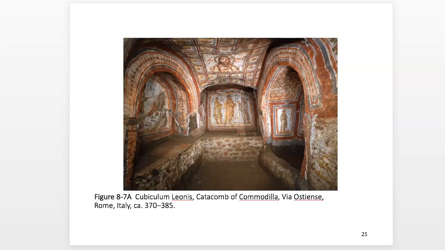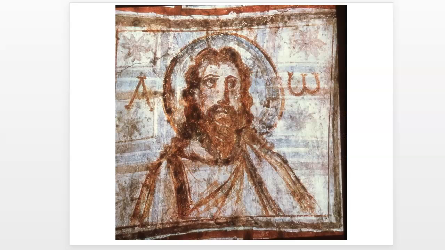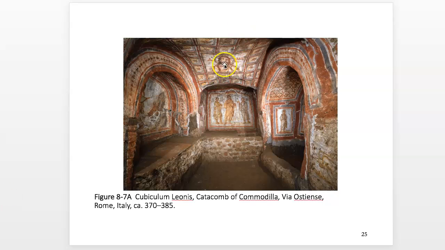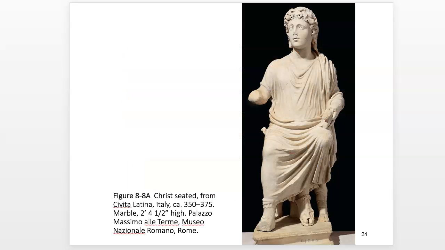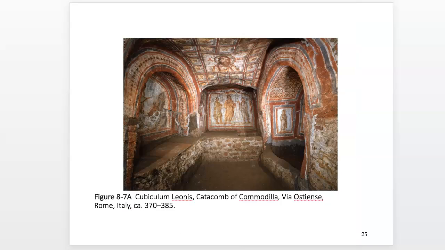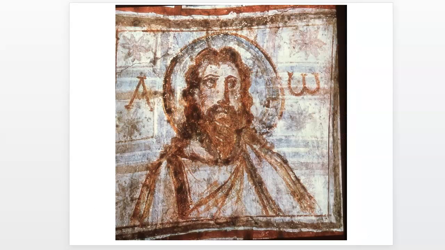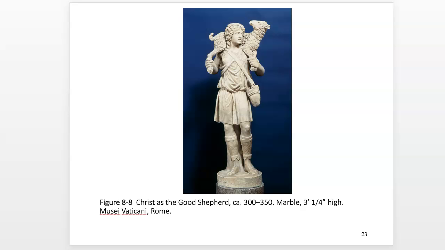This cubiculum here shows more of a depiction that would be more what we would think of nowadays with a bearded, more mature version of Christ. This is it in place, and this is also in the catacombs. So I just want to show that as a developmental stage, that before this kind of depiction began to happen, we had a long time of these more youthful versions.